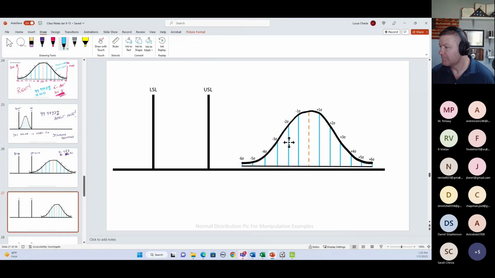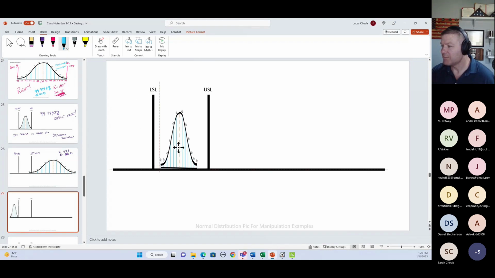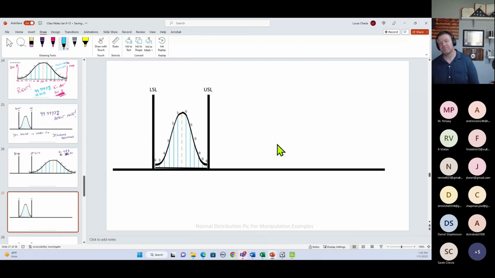Not only leaning it out and centering it, getting that time down, but also getting to that more predictable and consistent process. So centering my normal distribution in between the spec limits. Location, shape, and variation.